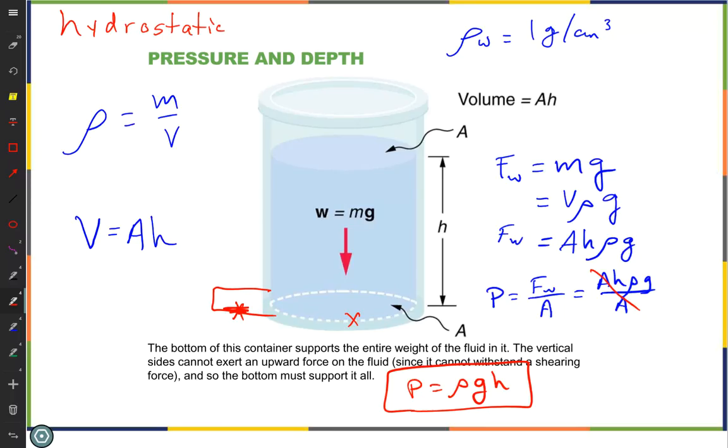so the net force on anything is zero. If I consider a little piece of water right here, the force pushing it in this direction has to be the same as the force pushing it in this direction, or it's not in equilibrium. So if it's a little cube, the pressure on one side is equal to the pressure on the other.